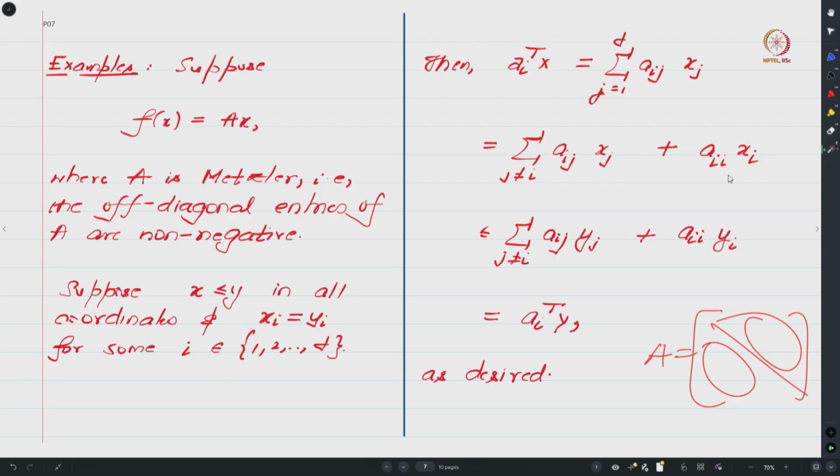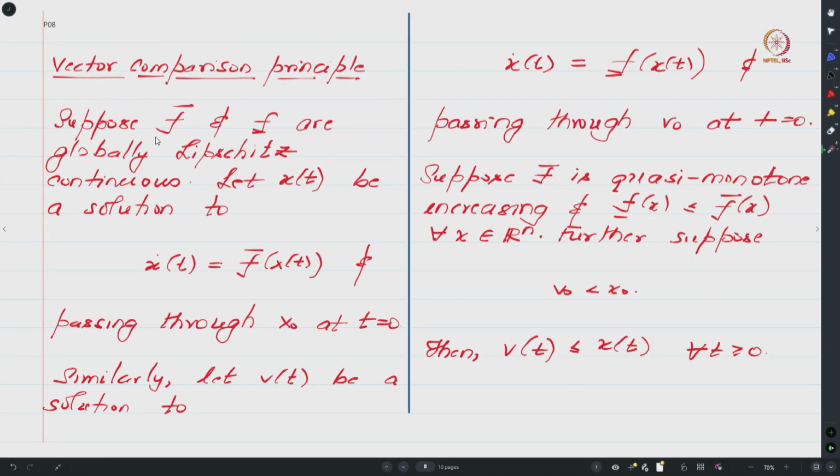So because xi equals yi, it does not matter whether aii is negative or 0 or positive, and one can then conclude that this sum is less than or equal to this sum, and one can then immediately see that this expression is basically ai transpose y, which is the ith coordinate of this function when the input is y, and one can see that for such a function the quasi monotonicity condition indeed holds.